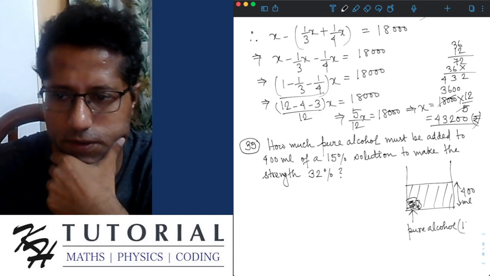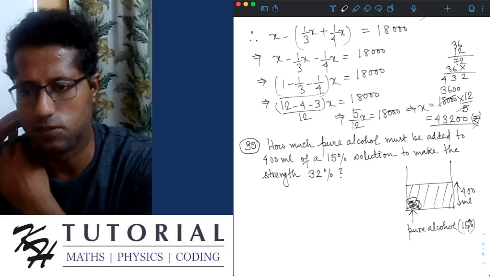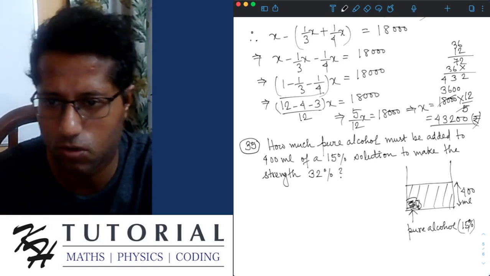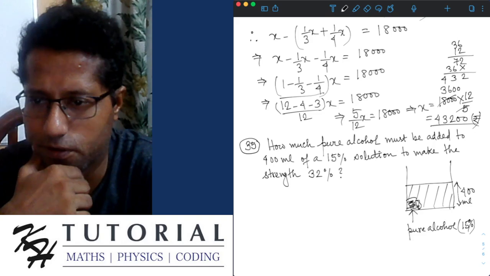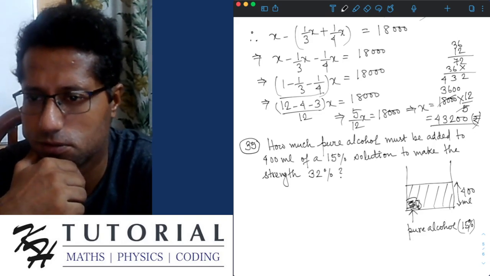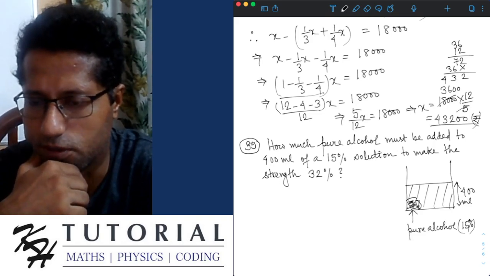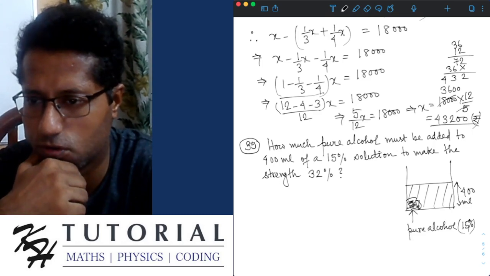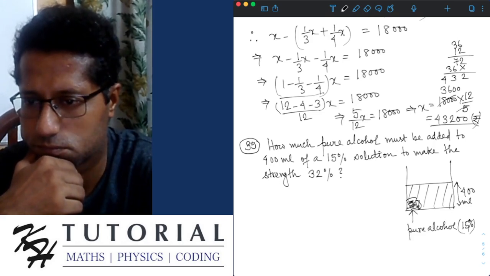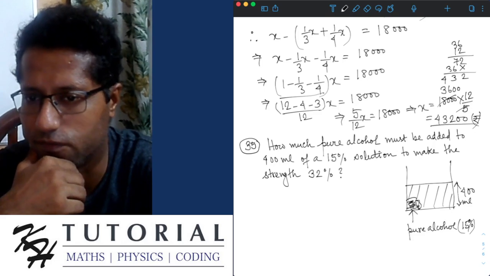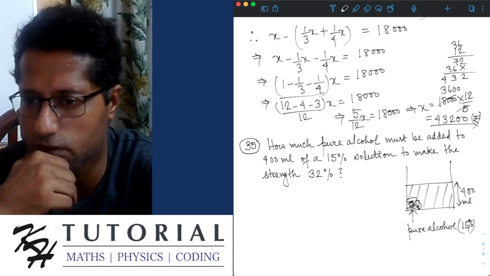If you have done percentage, you will know that we can easily find the amount of pure alcohol in the 400 ml solution from the 15%.